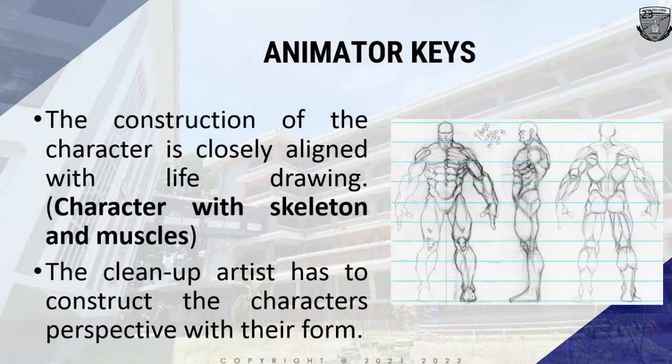So think about the character's skeleton and muscles as well. The person has to capture the curve and flow of the muscles as they move and bend when shifting weight. This is why life drawing is important to animation. The cleanup artist has to construct the characters in perspective with their form and weight before drawing the final line or final form.